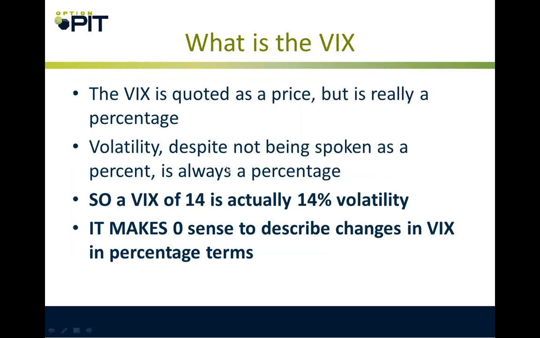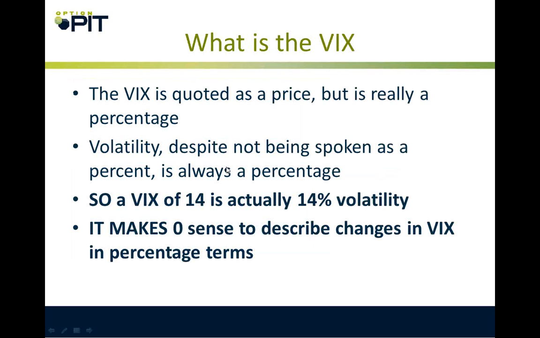Earned run average is a percentage. Things like that. So if the VIX is 14, that represents 14% volatility. That's 14% volatility on an annualized basis for the next 30 days.